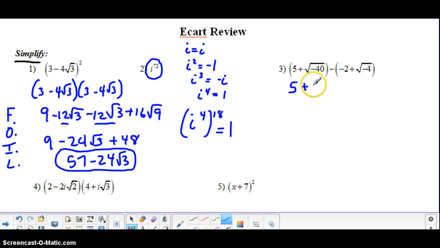We have our i, because the square root of negative 1 turns to i, and then 4 times 10. Let's just talk about this part first. If this negative square root of negative 1 becomes i, the square root of 4 becomes 2, and we'll leave 10 inside.